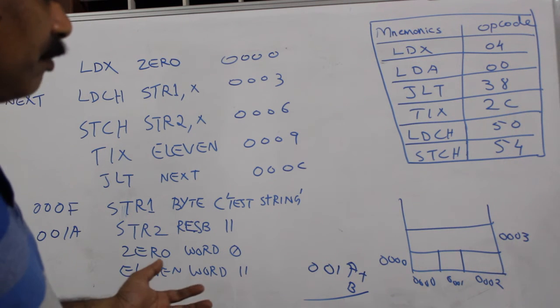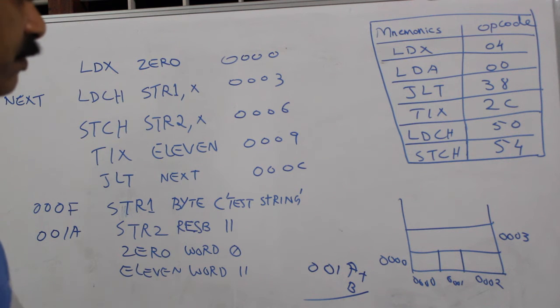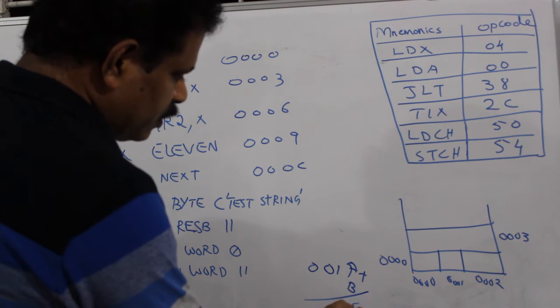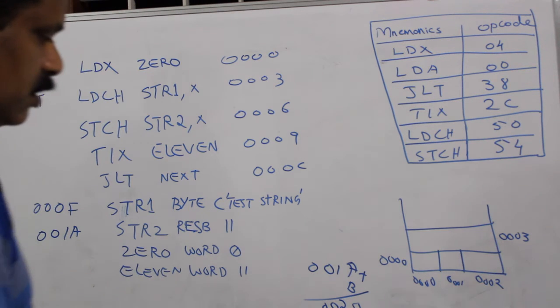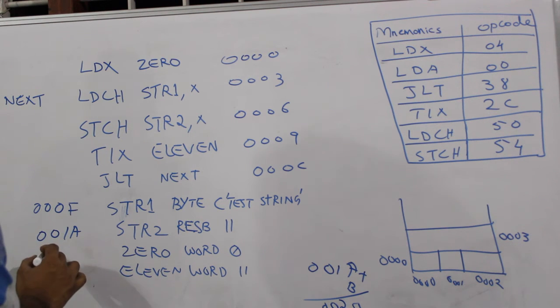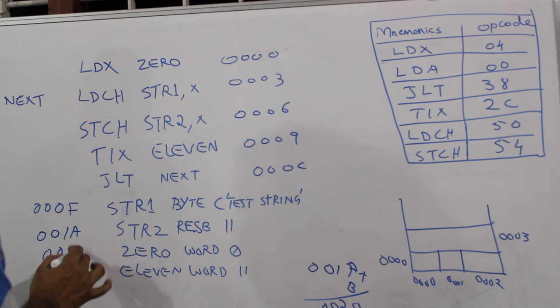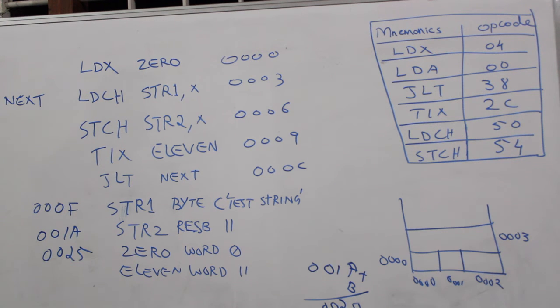A, B, C, D, E, F, 10, 11, 12, 13, 14, 15. So 5, carry 1 plus 1, 2, 0, 0. So it will be 0025.